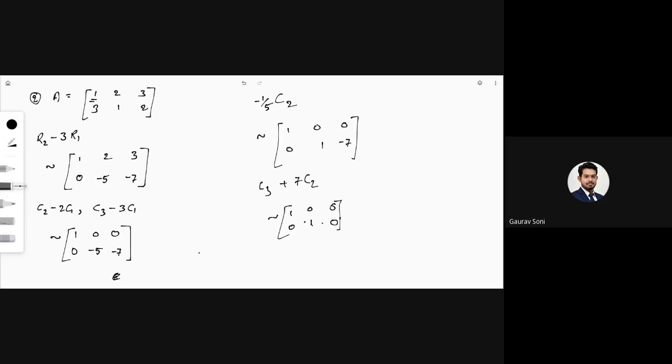So the normal form is I2, 0. So the rank of A is equal to 2.